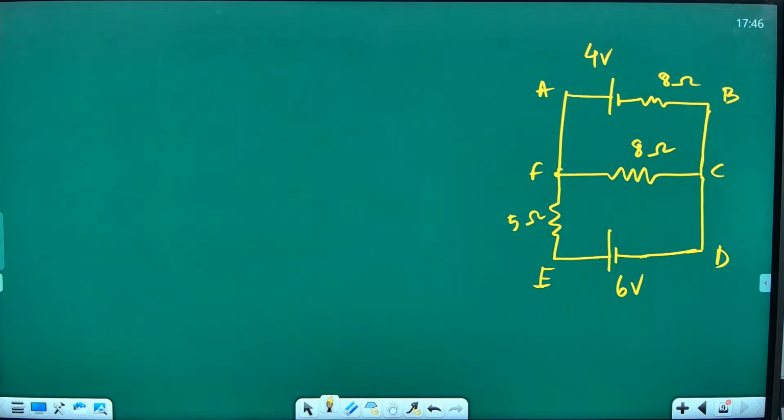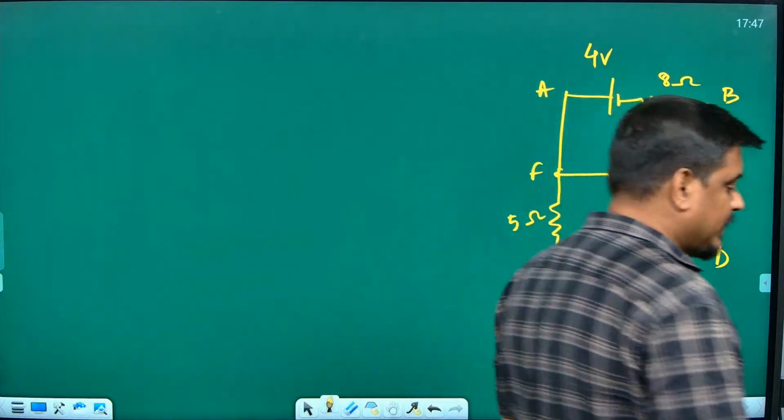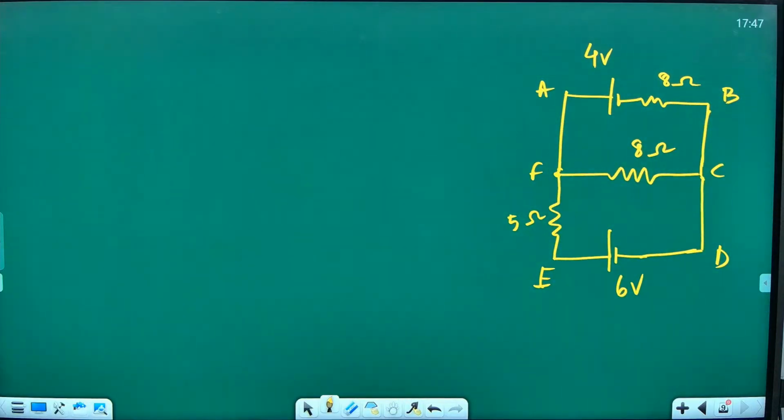Not given, you can choose your own direction. So I have shared in all the groups the important derivations, important numericals, everything, graphs, whatever.